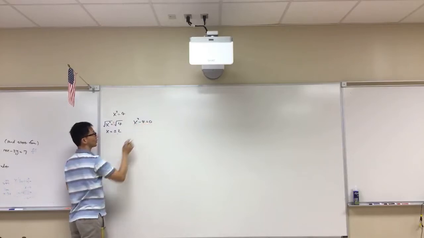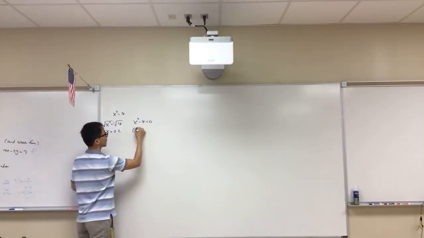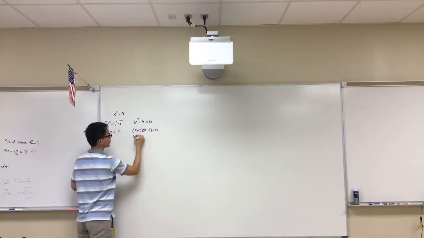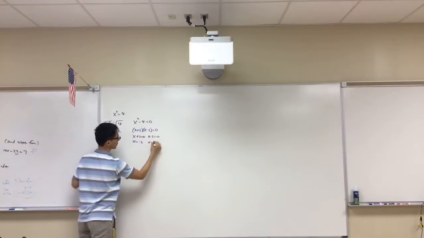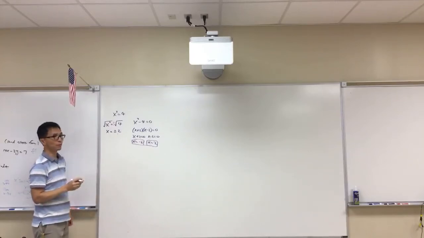That means I'm graphing this function, and you're looking for the roots: x plus 2, x minus 2. So x plus 2 is equal to 0 and x minus 2 is equal to 0. X is equal to negative 2, and x is equal to positive 2. So that's why you get plus minus 2.